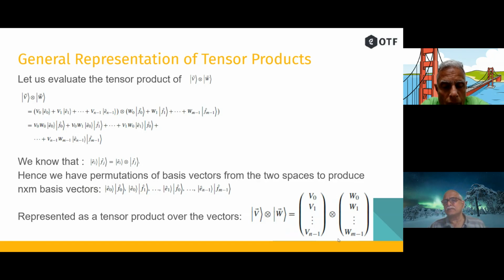But there is an additional cost on computation. So if you understand this, then you know that the resultant of this would be a column vector of size n into m.